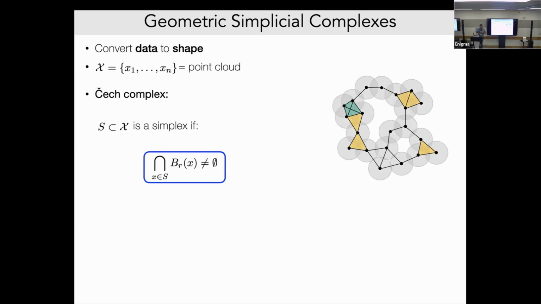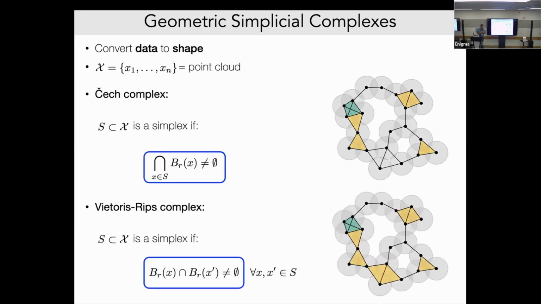Another construction, which is quite similar but has some differences, is the Vietoris-Rips complex, where instead of looking for k-wise intersections, we just look for pairwise. So whenever we have all the edges of a simplex, we immediately put in the corresponding simplex. It's also called a clique complex or flag complex. And in this picture, you can see the difference between the two.